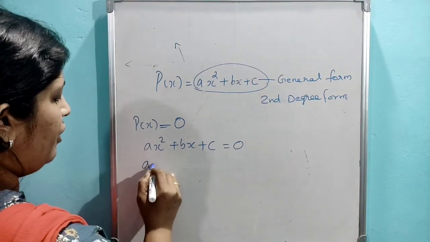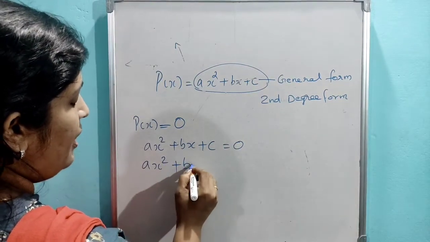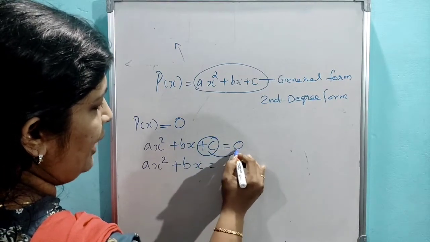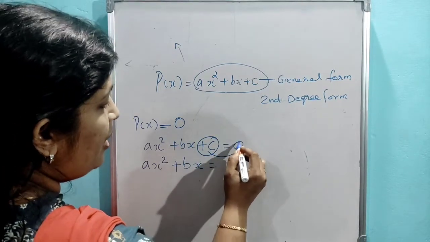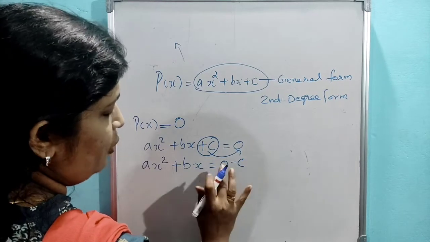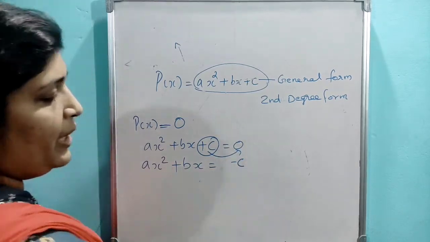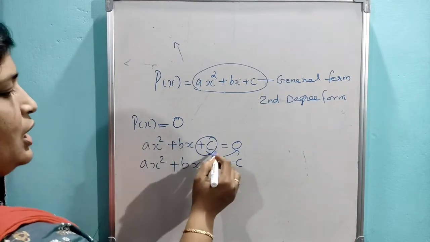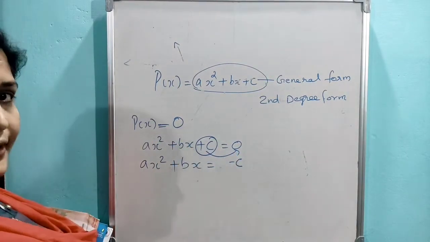So we have ax square plus bx is equal to 0 minus c. What is 0 minus c? It is minus c itself. So the first step is to move this to the other side.